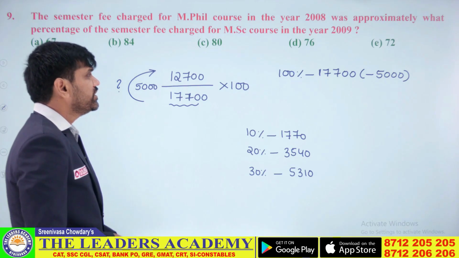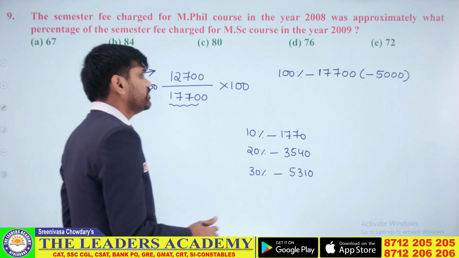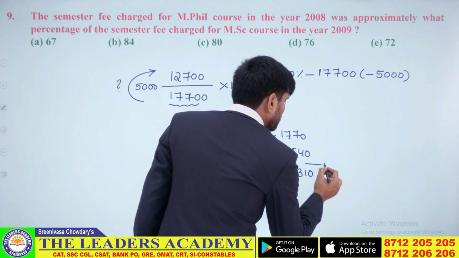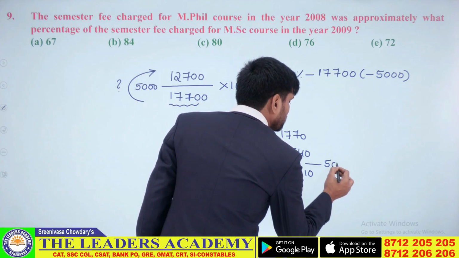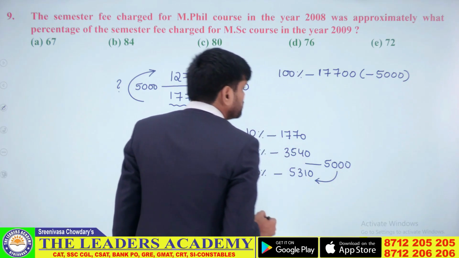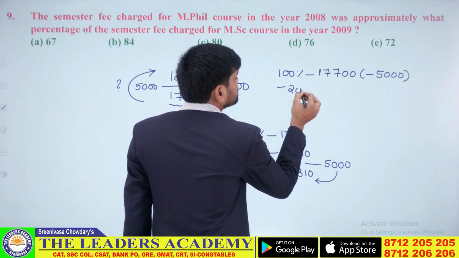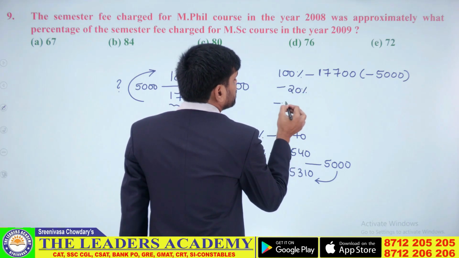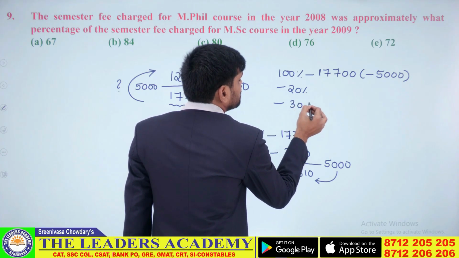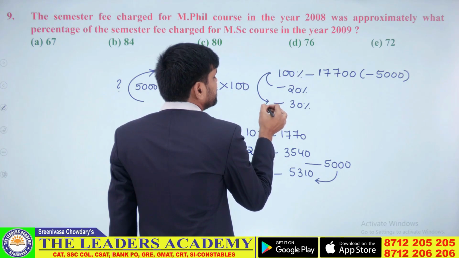Which means we can remove 20% but we cannot remove 30%. Whatever to be removed is how much, dear? 5,000. That is more nearer to 30%. Which means my answer will be lying between 80% and 70%.